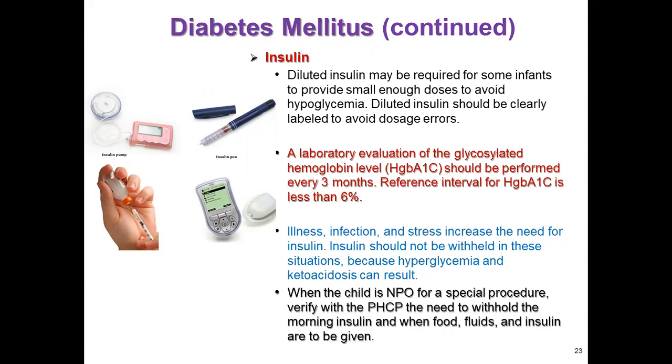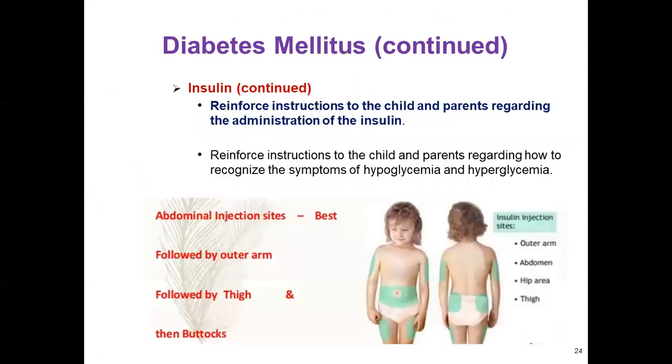So here showing insulin. Reinforce instruction to the child and parents regarding administration of insulin. Reinforce instruction to the child and parents regarding how to recognize the symptoms of hypoglycemia and symptoms of hyperglycemia.